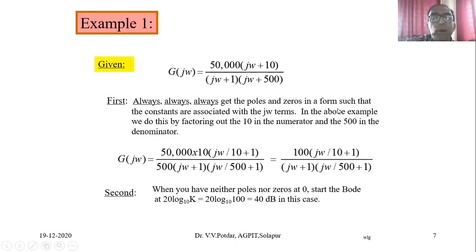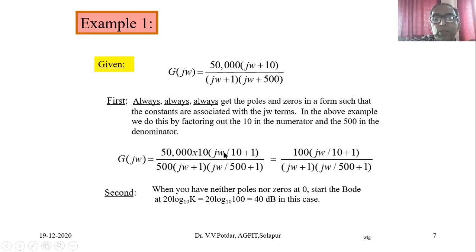So in the above example, we do this by factoring out 10 in the numerator, dividing it by 10, and 500 in the denominator. So numerator divided by 10 and the denominator divided by 500, right? Taking out 10 common, multiplied by 10, it will be j omega divided by 10 plus 1.